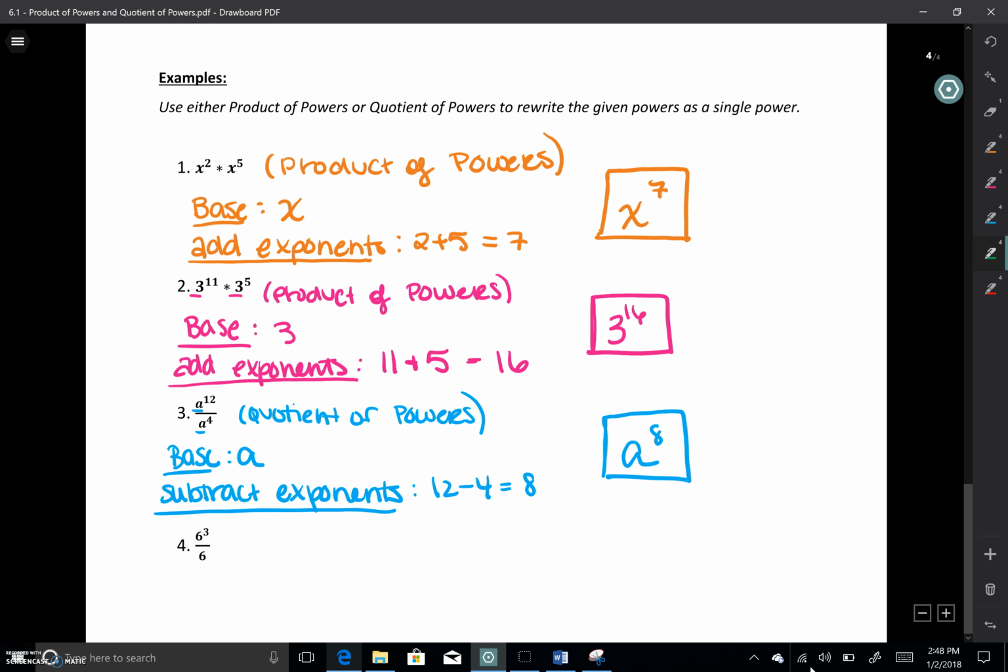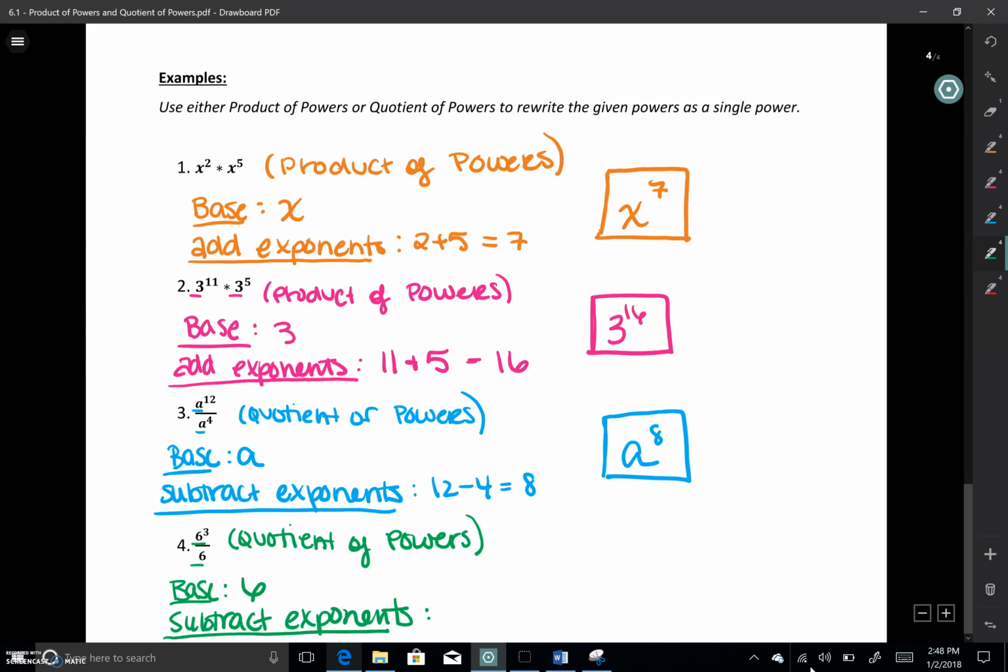And finally, I have 6 cubed over 6. This is, again, quotient of powers. In both my numerator and my denominator, my base is the same. It is 6. And so I'm going to subtract my exponents. This one is a little bit different or tricky, but it's not too bad.